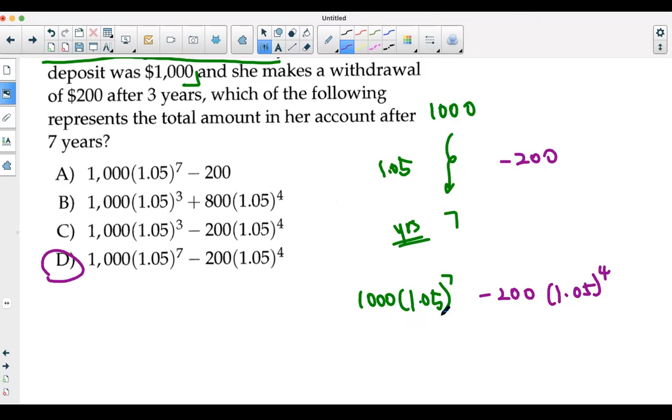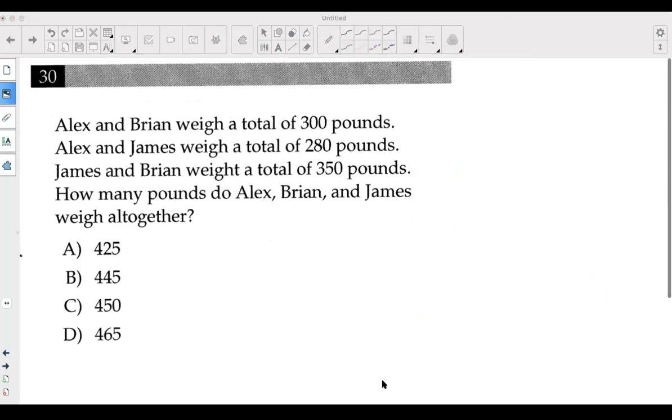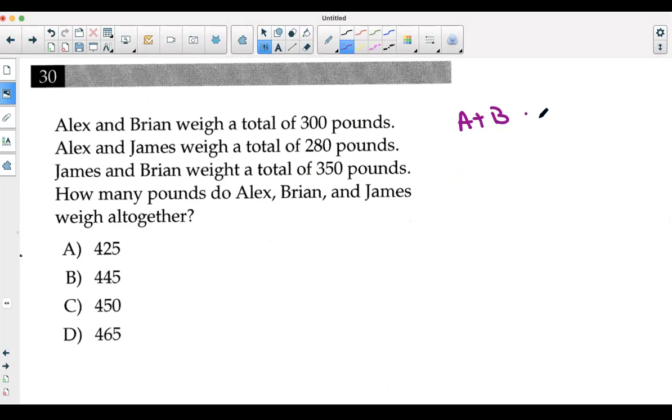All right, so let's go for number 30 quickly. All right, so A and B weigh a total of 300 pounds, and A and J weigh a total of 280, and then J and B weigh this much. How many pounds do A, B, and J weigh together? So this basically means A plus B is equal to 300.